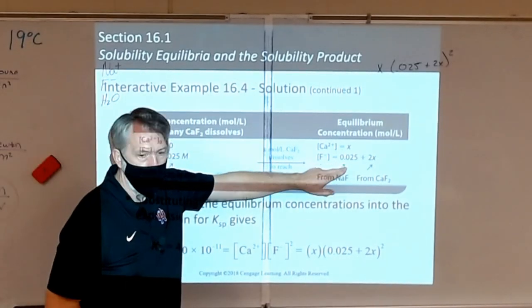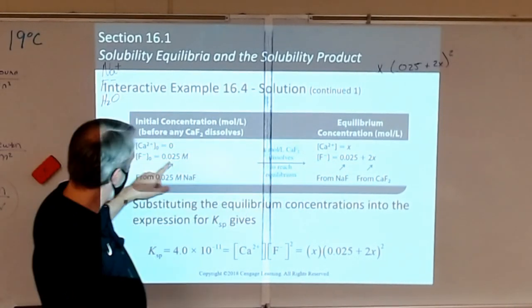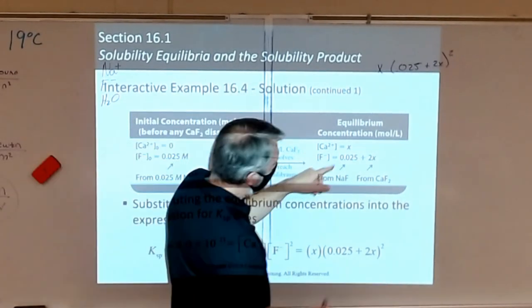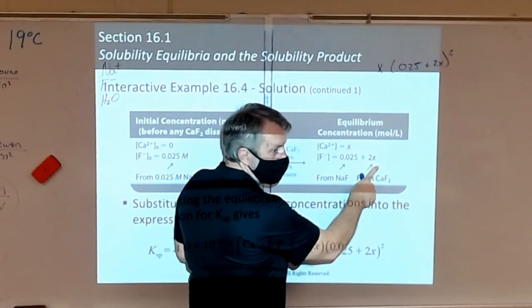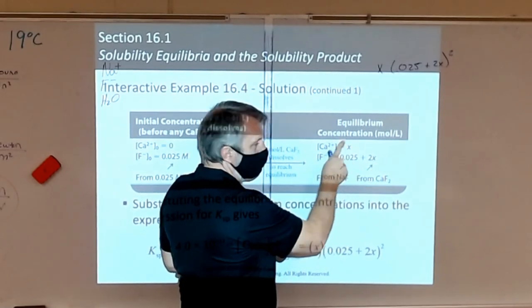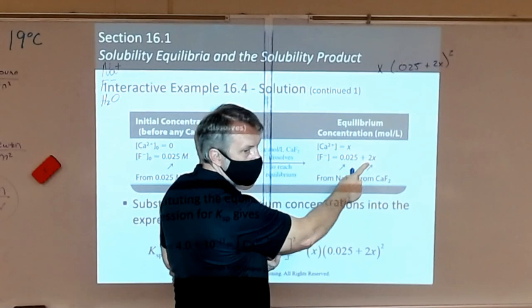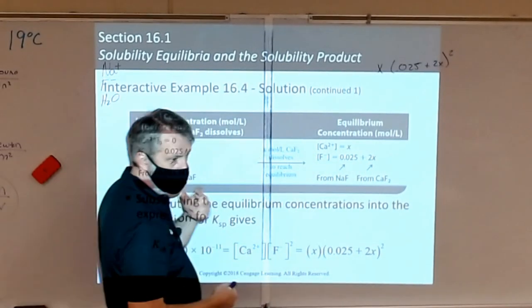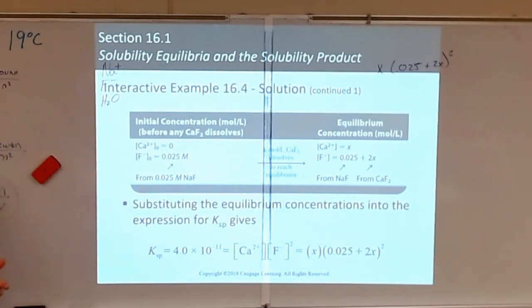That's what we started. We started out with 0.025, right. We've added x and 2x because I can't get any more of this unless I also get that. But the amount of this is going to push the reaction back that way. Now we just need to find out how much.